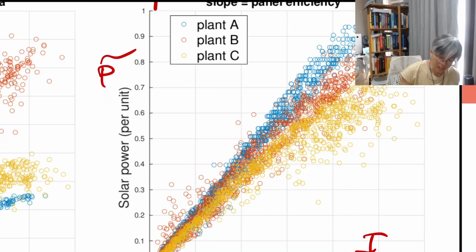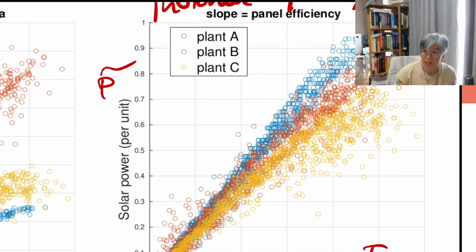Now the information kept in the slope is the panel efficiency.